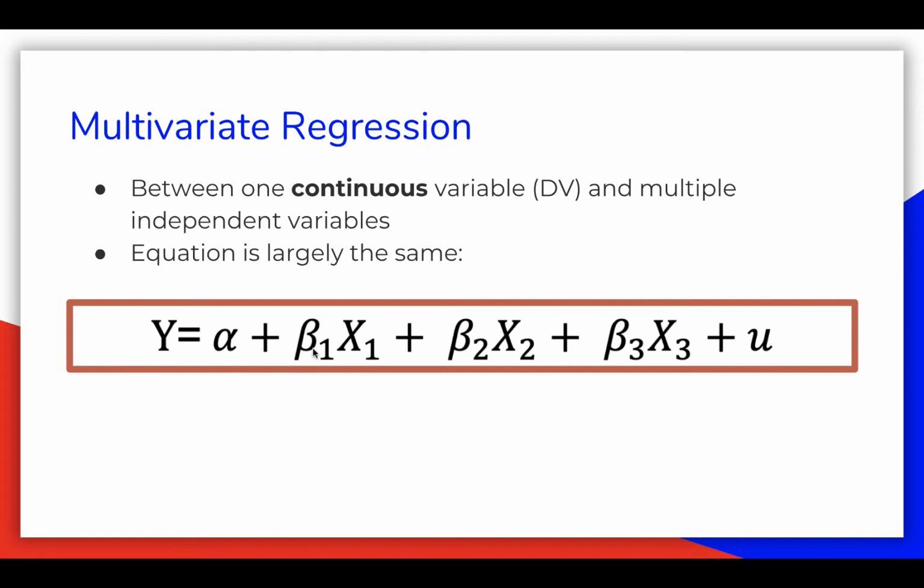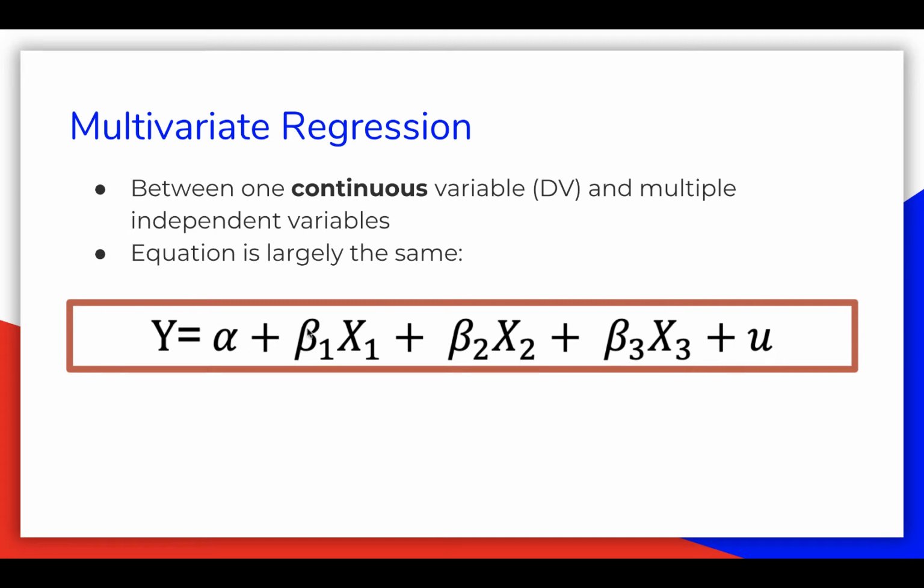So in our original equation from a few weeks ago, we only had this component and this component. We're adding on more variables, right? So each of these, this beta 1 x1, beta 2 x2, and beta 3 x3, are variables, right?